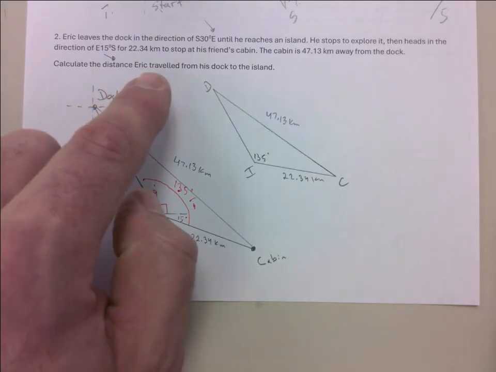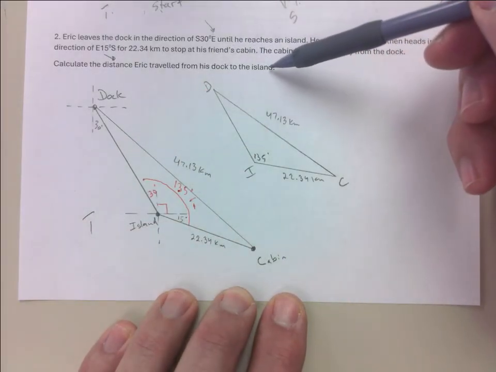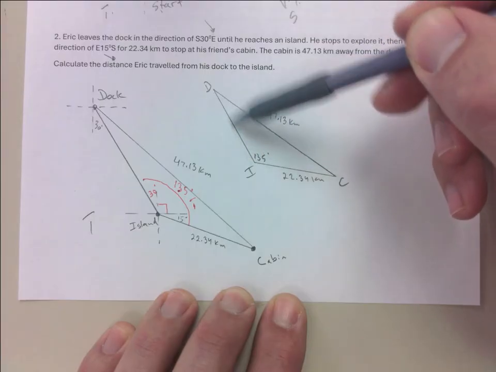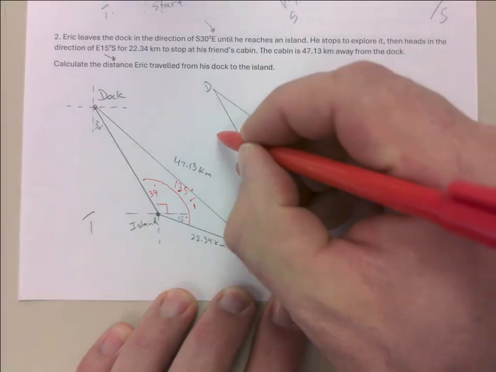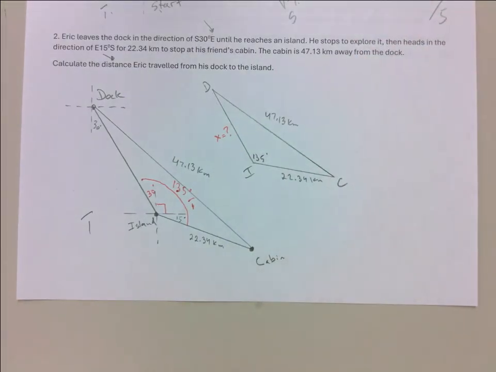Calculate the distance Eric traveled from his dock to the island. We want this ultimately. This is the ultimate question we're supposed to answer. Okay, so this is more work here.